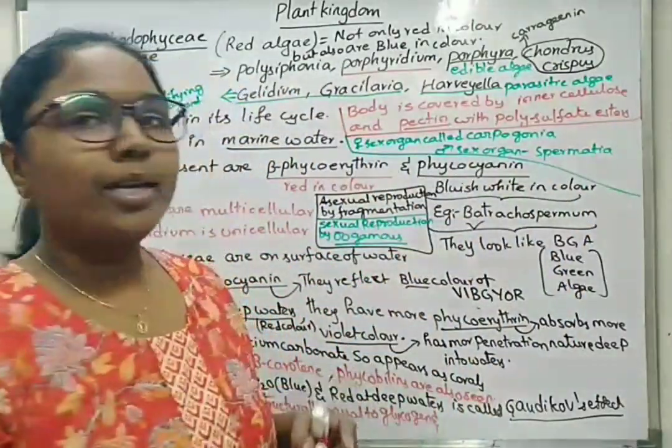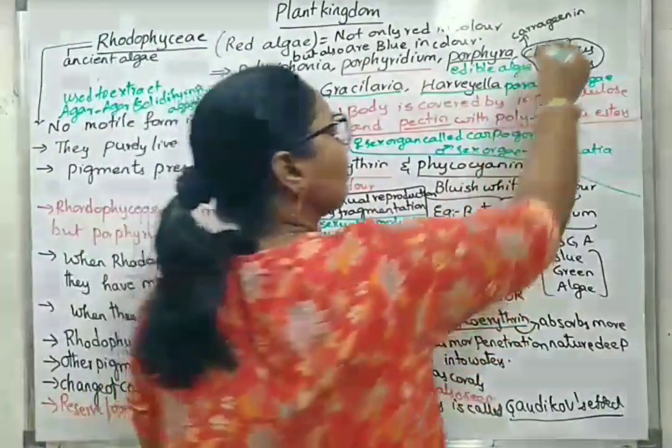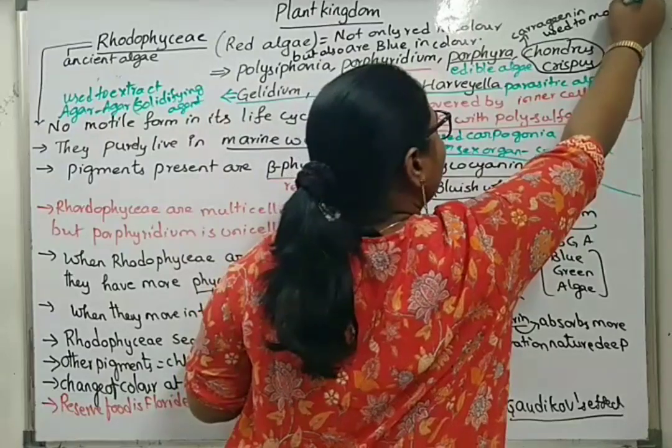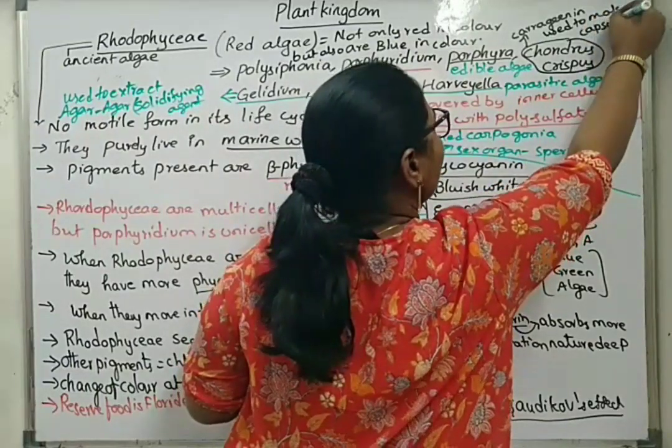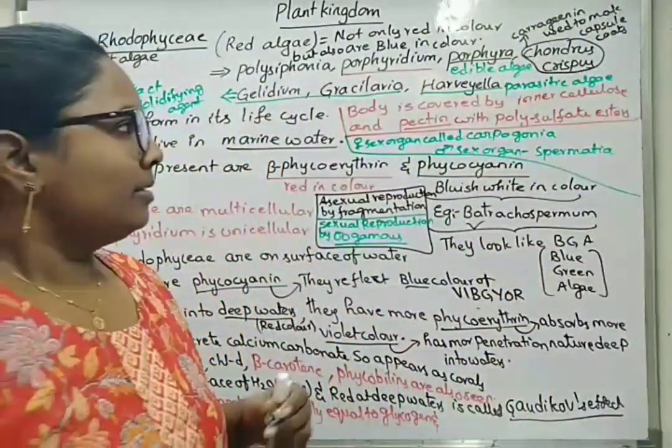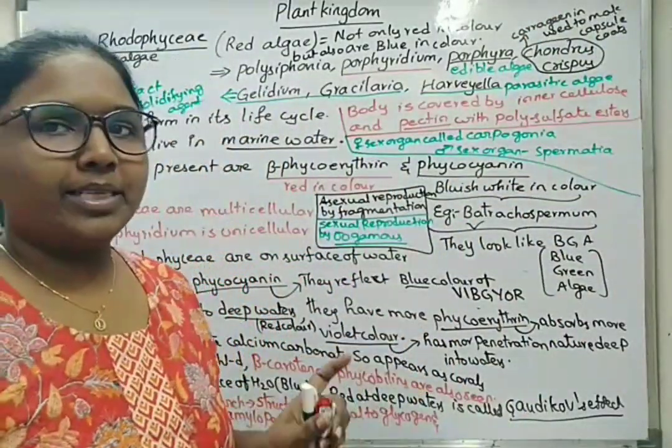Chondrus crispus is used to make the coats of capsules, inside which there will be medicine.